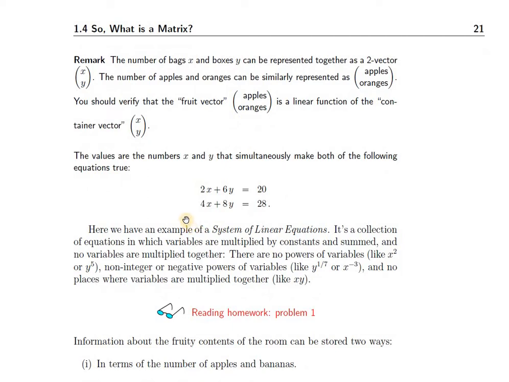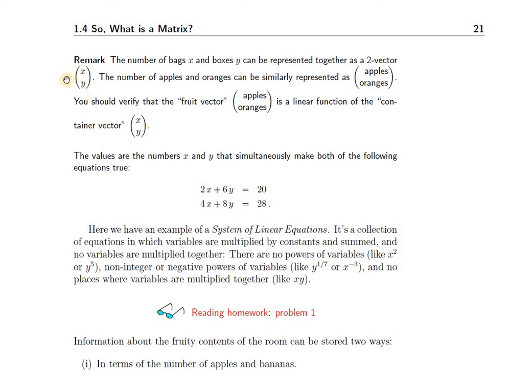And you can verify that these equations, which express the relationship between bags and boxes of fruit and amount of fruit, give a linear function of this vector. Okay, a linear function acting on the number of bags and number of boxes. So how would you do that?